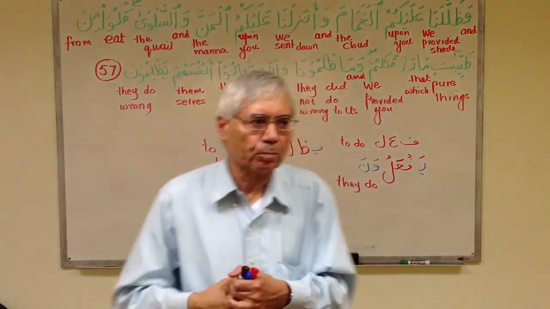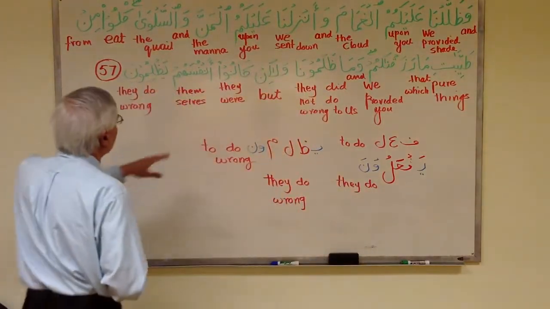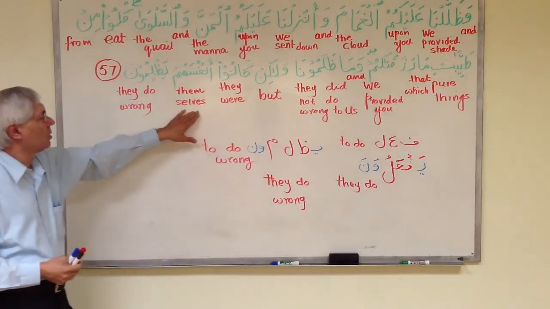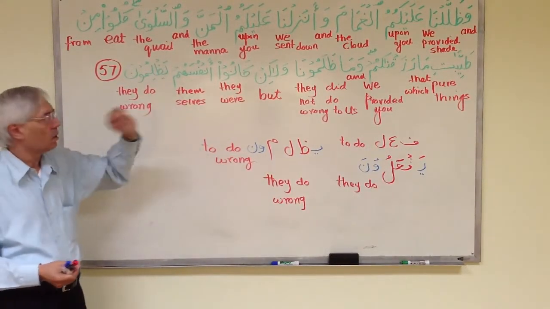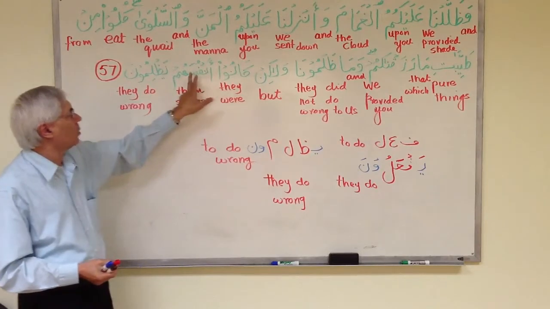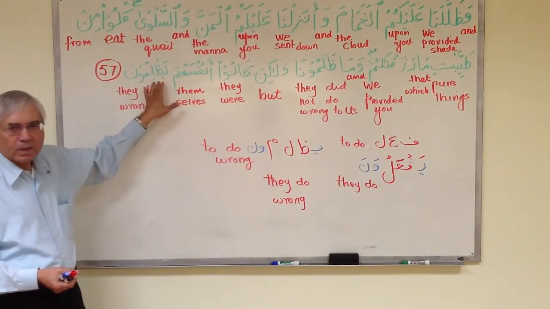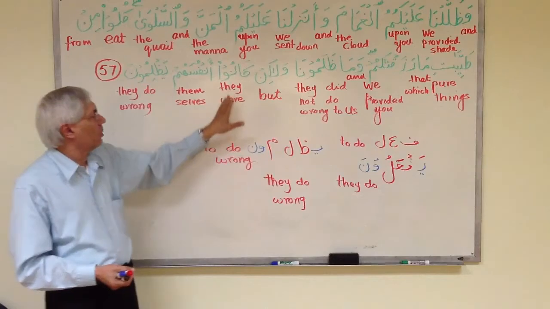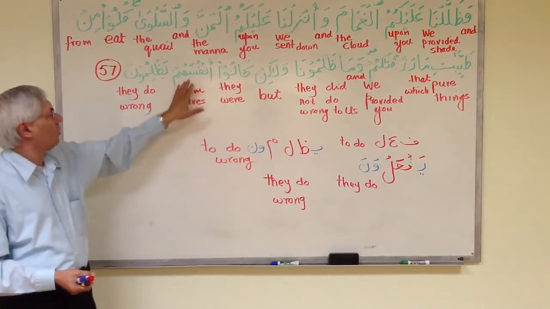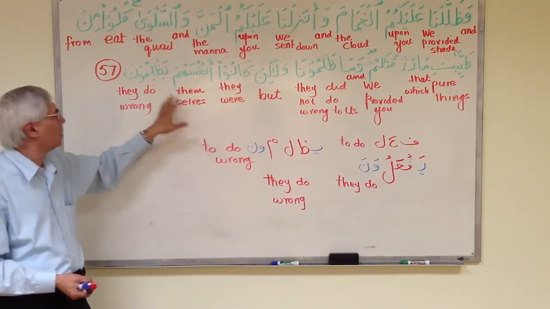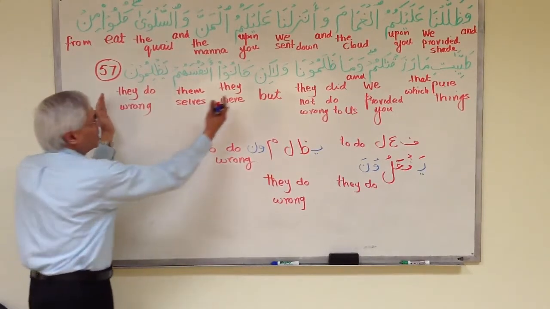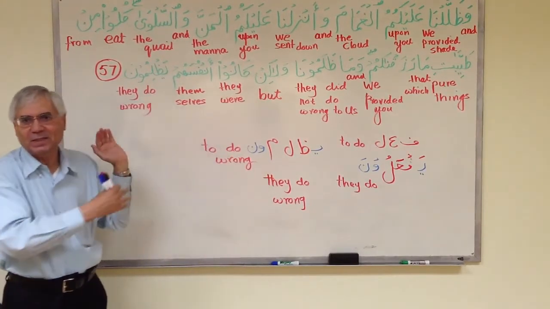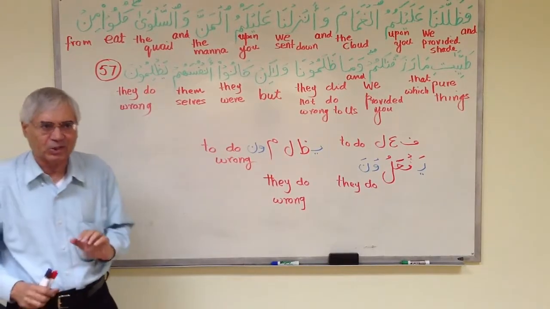Now, if you look at the sentence here, if you just look at the last three words of the ayah, Kanu anfusahum yazlimun. Kanu means they were, anfusahum means themselves, yazlimun, they do wrong. So if you put all these three together in English, it doesn't make any sense. We have to fix the English.